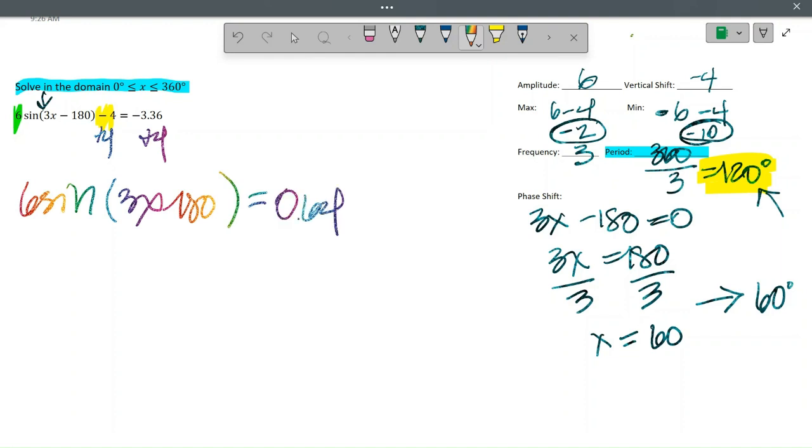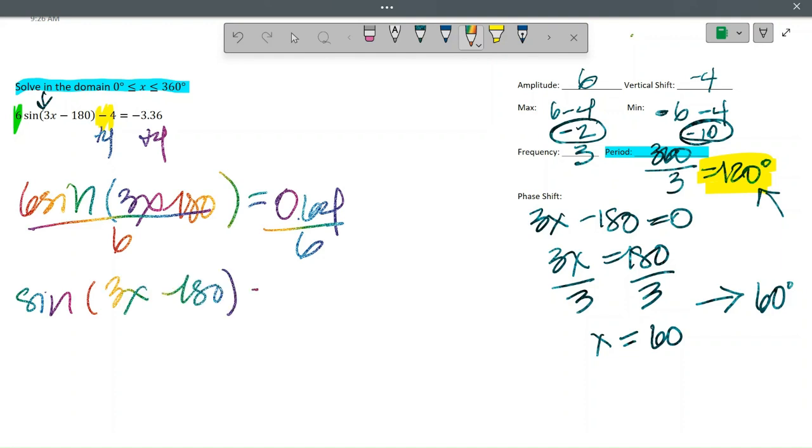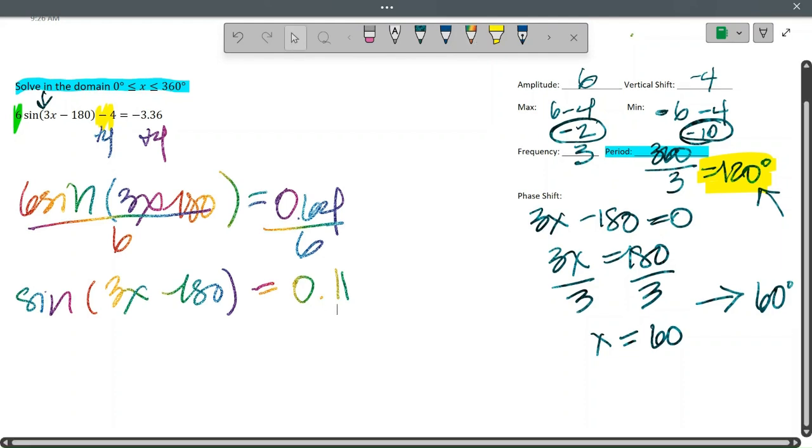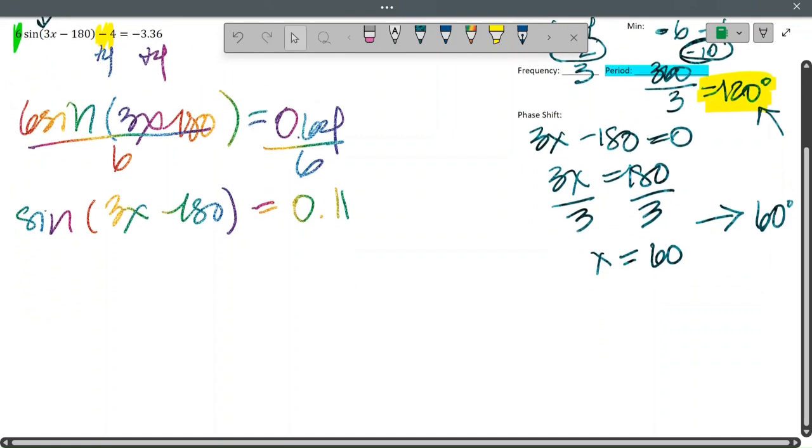And now I'm going to divide by 6 on both sides to get sine of 3x minus 180 by itself. When I do that, I get 0.11. So I'm choosing to round to the hundredths place. Of course, do whatever your teacher suggests you should be doing in terms of rounding.